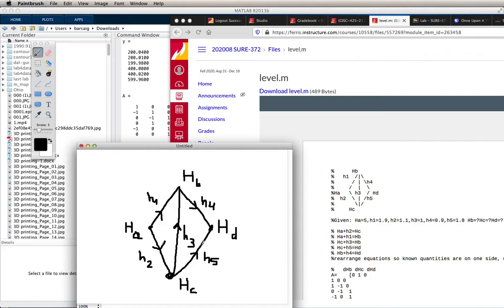So that means we're given 5 measurements and 3 unknowns. So it's an overdetermined system, and we have 2 redundancies. So we have to write down the measured as a function of the unknown.